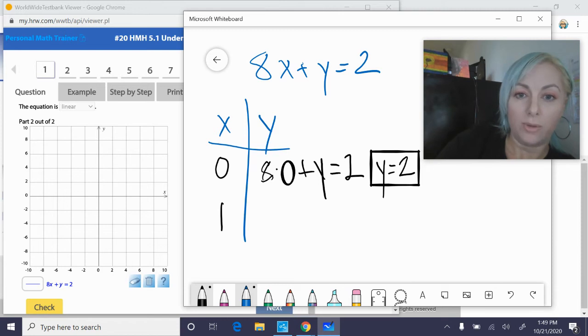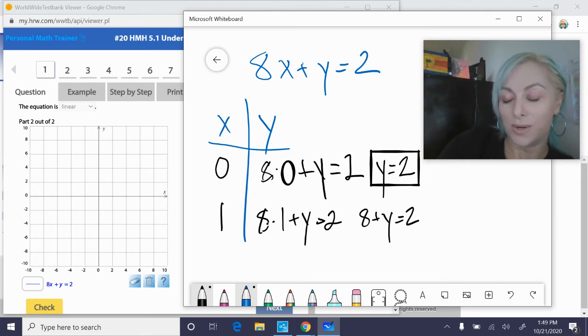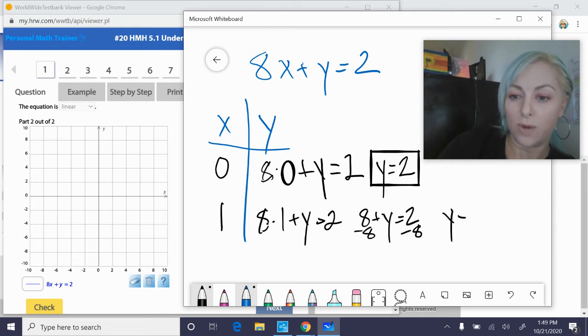And then if I replace the x with a 1, 8 times 1 plus y equals 2, or I would get 8 plus y equals 2. Well, what do you add to 8 to get 2? It would have to be a negative number, right? So you can think also of subtracting 8 from both sides, and then y would be equal to negative 6.